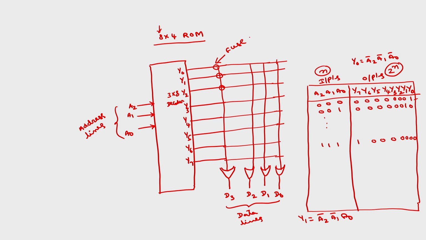So a fuse can be either intact or blown. So depending upon the data that is to be stored here, we will either keep the fuse intact or blow the fuse. Okay. How to store the data in each location, that I will discuss in the next class. Thank you.